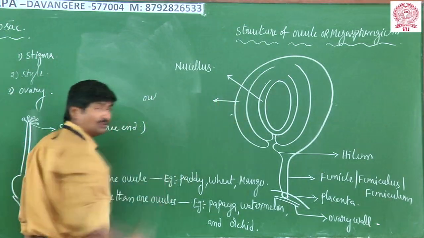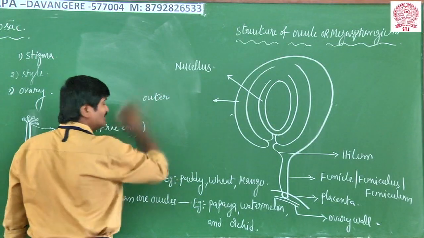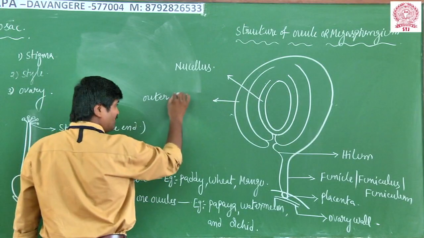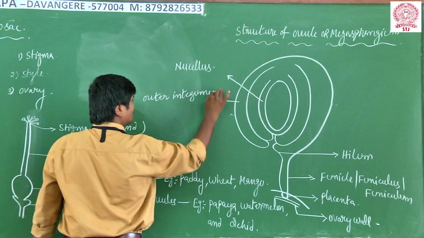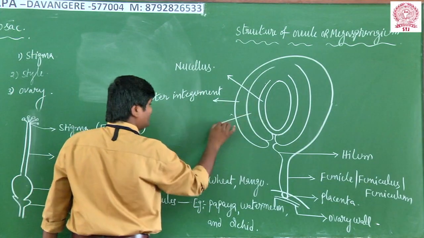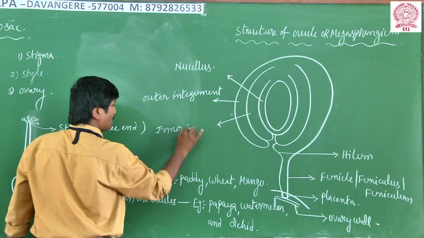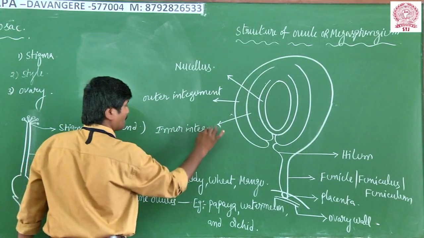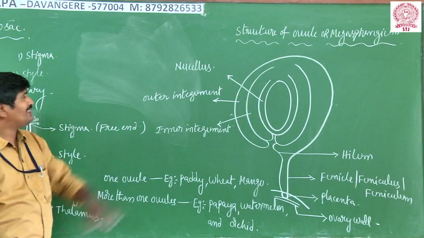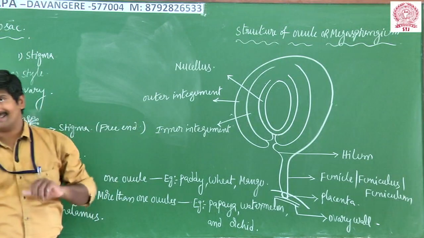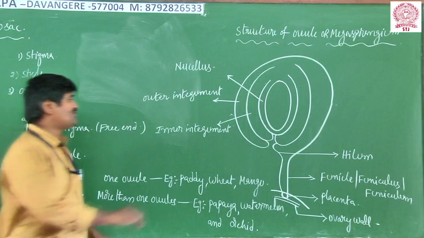This is the outermost layer, that's why it is the outer integument. This is the inner integument. In total, two integuments enclose the nucellus. These are the protective layers.